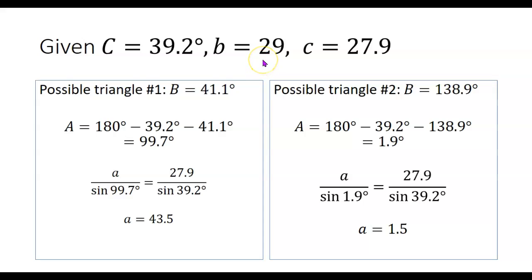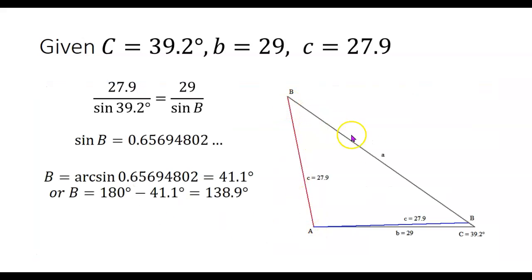Now we could use the B's or the C's, but it's probably better to use the numbers we started with than the numbers we figured out for ourselves, because we did round to the nearest tenth. And so to minimize round off error, let's use the numbers that we didn't do any rounding on. So that would be little c over capital C, 27.9 over the sine of 39.2 degrees. From that, we work out that a equals 43.5.